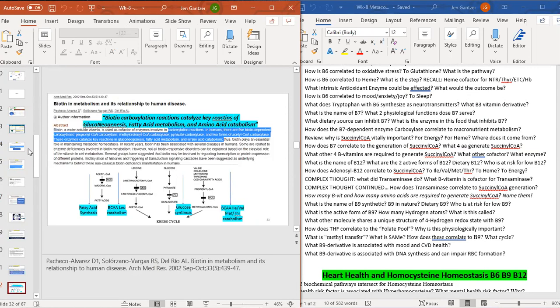This is a phenomenal article. But look here, when we have the catabolic steps, each one of these is going to be their metabolism, not catabolism, metabolism. Some is a synthesis, some is a breakdown. However, just know that macronutrient metabolism depends on biotin across the board.